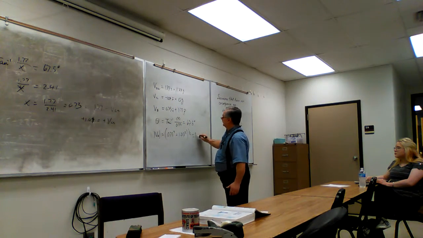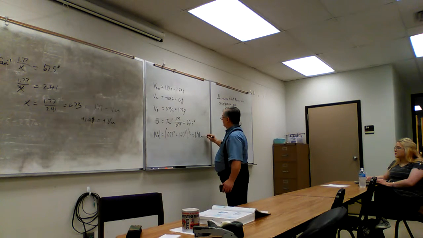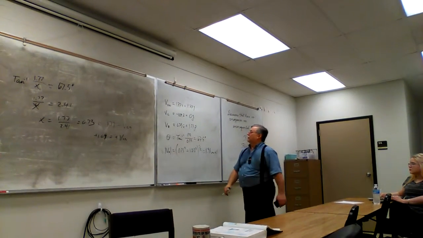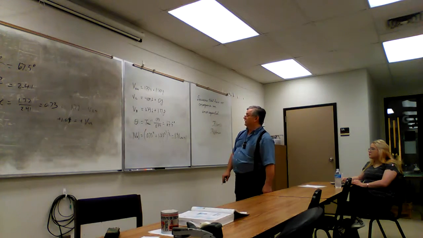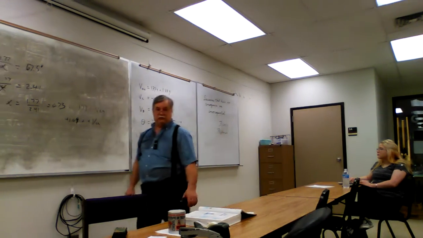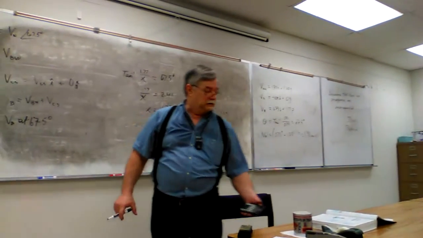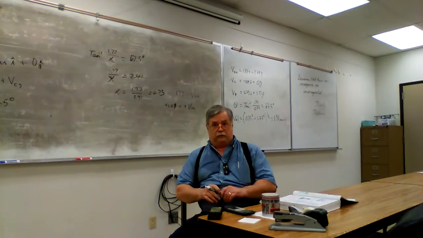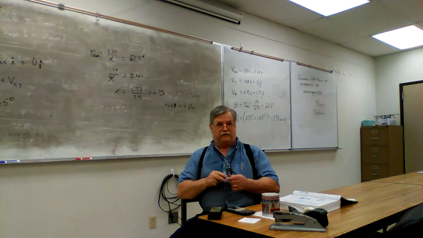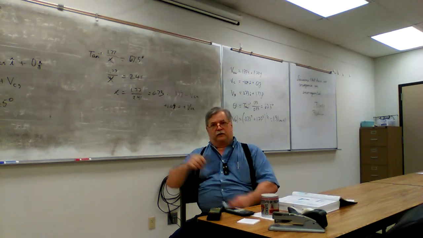Good. And that's it. 1.91 meters per second at 67.5 degrees. And that does work out, because at 67.5 degrees, it will cross the river 118 meters upstream.